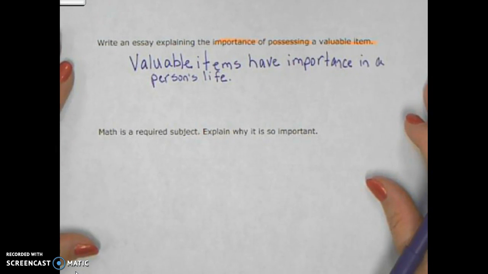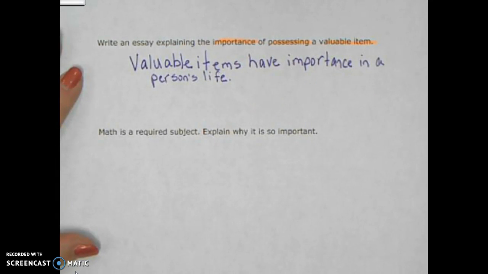We can talk about why they're important, whether it's on a personal level or a monetary level. Maybe we've inherited something like a baseball card that's rare, and we can write about that. Okay? So we can talk about a variety of things with that thesis.